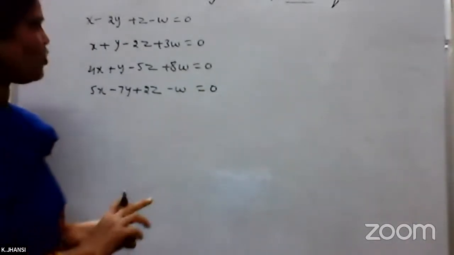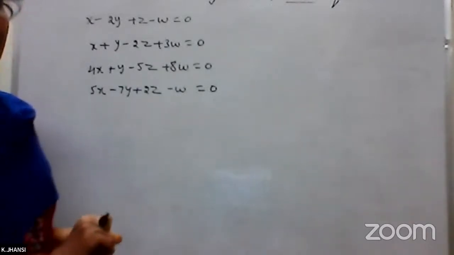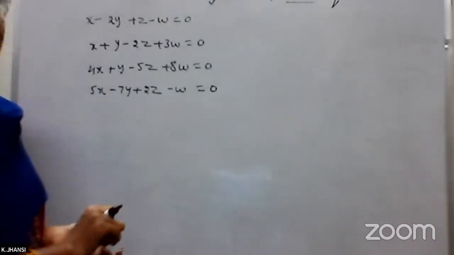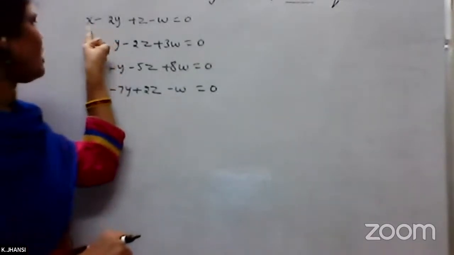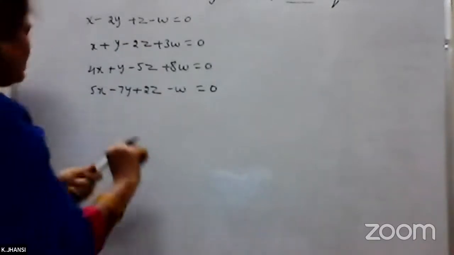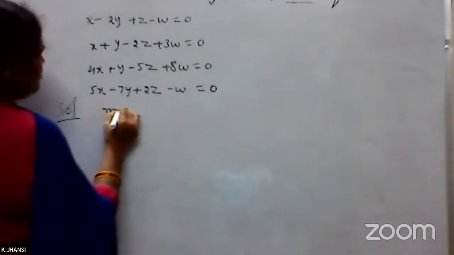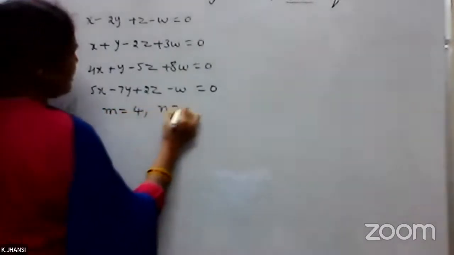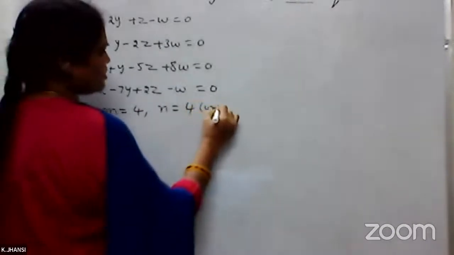Like this, the equations will be given in your problem. Here 4 equations are there, so m represents the number of equations. The unknowns are 1, 2, 3, 4, so 4 unknowns are there. So here m equals 4 and also n equals 4. These are the unknowns.